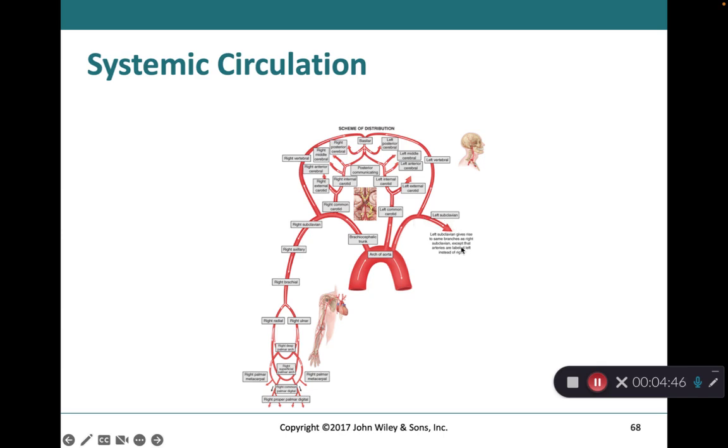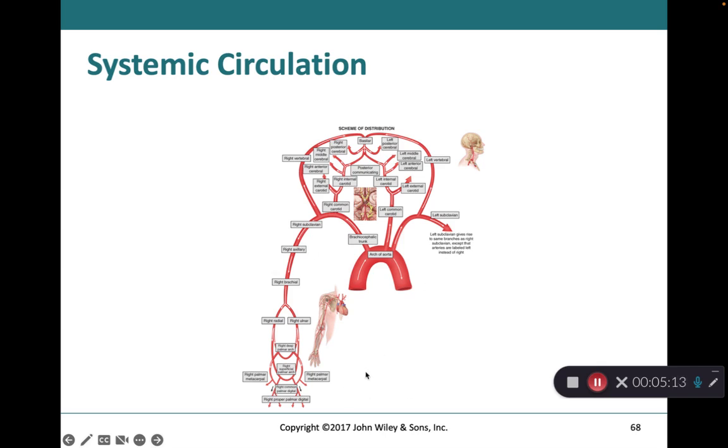The left subclavian gives rise to the same branches as the right, but on the left arm, so everything is labeled left. We're not going to really talk about this. And the left common carotid goes up the neck into the head. We'll talk about this, but let's start with the arm.